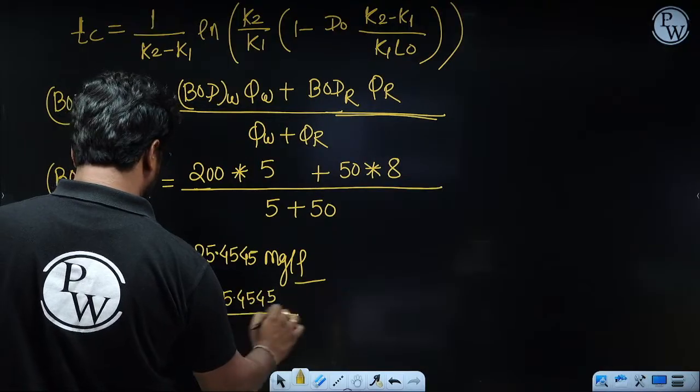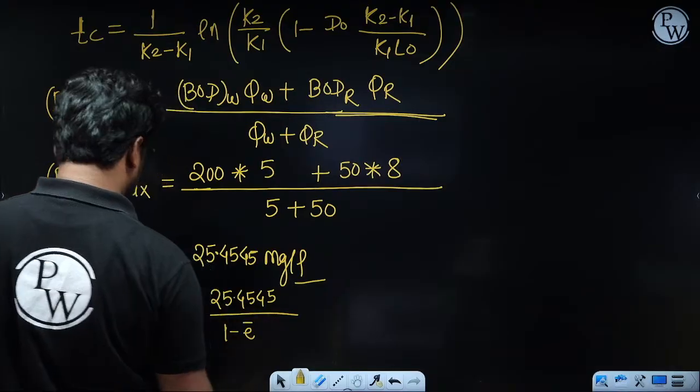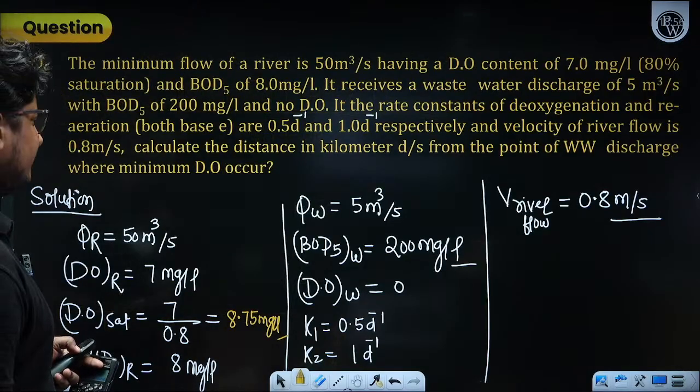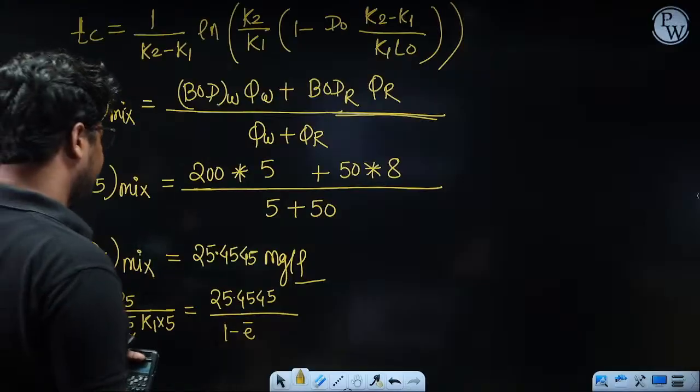So 25.4545 divided by 1 minus e to the power minus k1 into 5. The value of k1, how much do you have? 0.5.